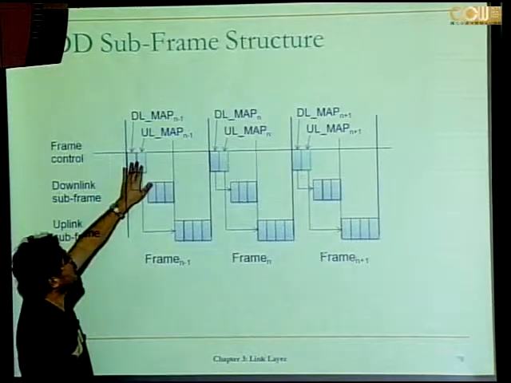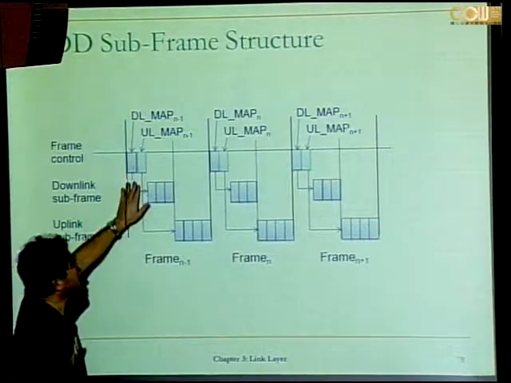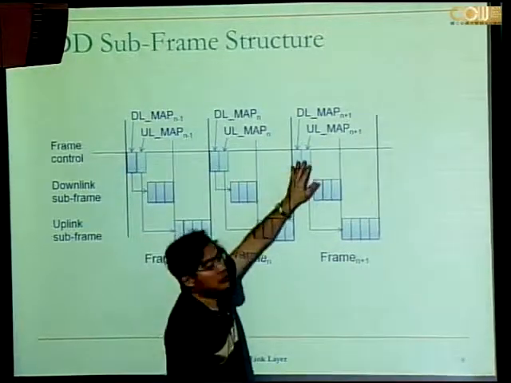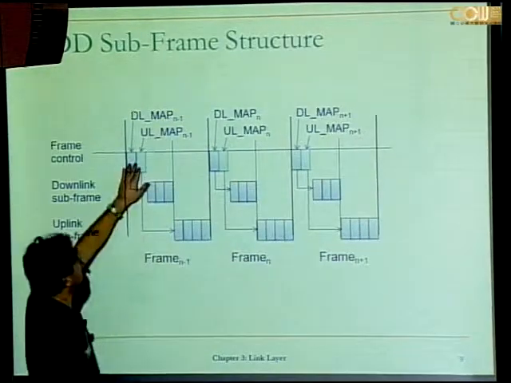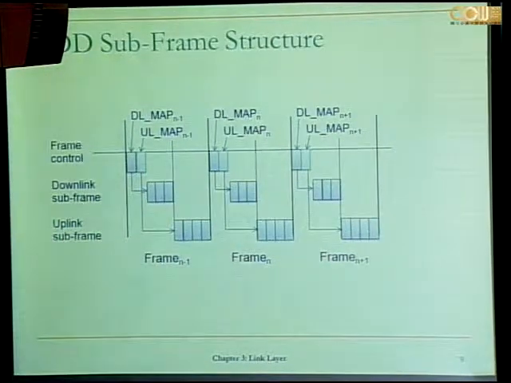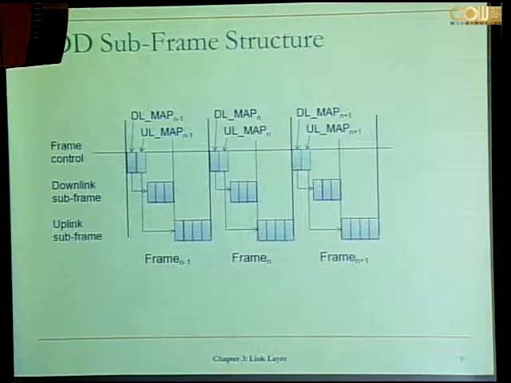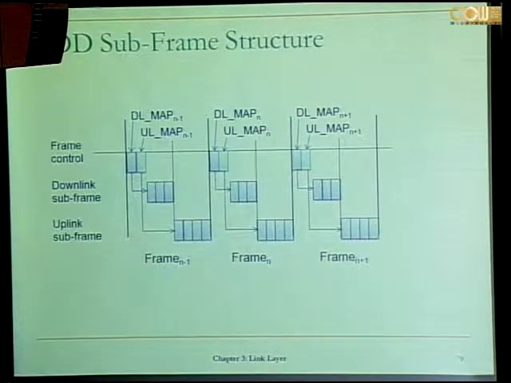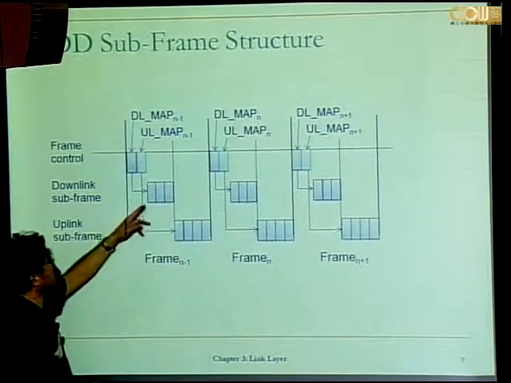So the base station periodically will send the map for downlink and uplink. The maps are sent through the downlink to notify the stations how to use the uplink and downlink slot.